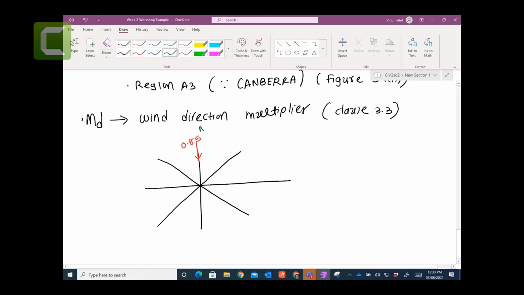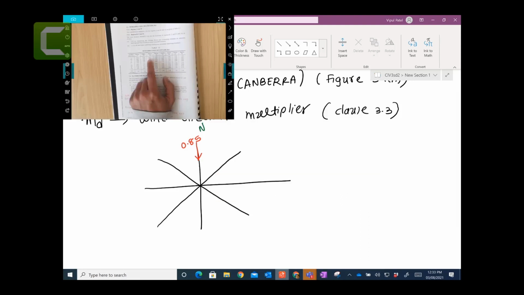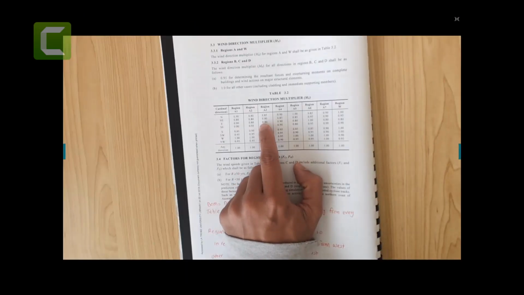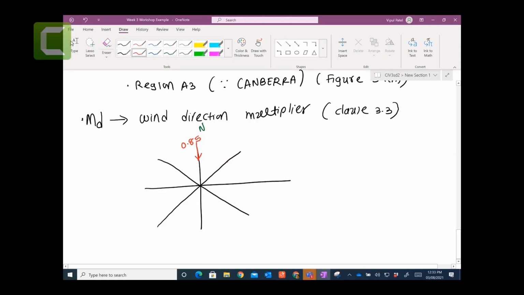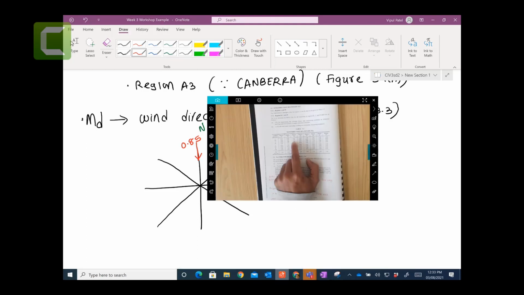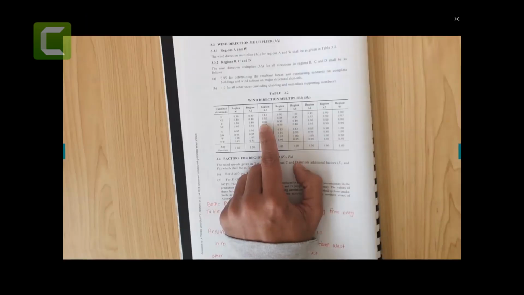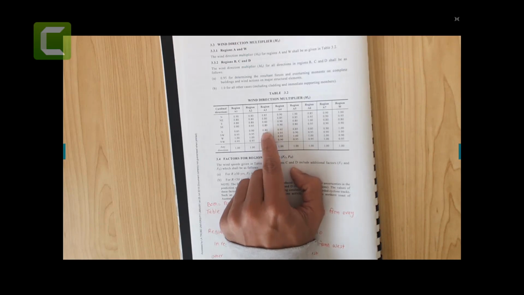0.85, and that is north. That's good. Let's read 2 at a time. 0.8 for northeast and east. So you have 0.8 for northeast, and east has 0.8. And then you have southeast 0.8 and south 0.8.